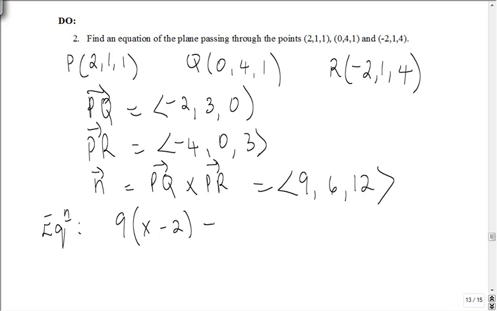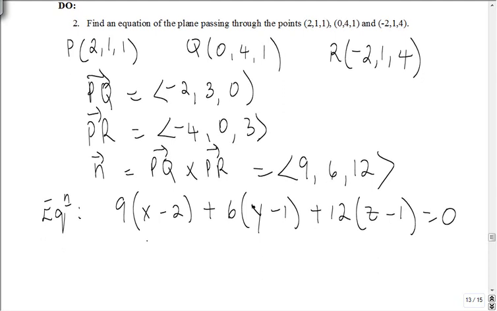And when you simplified all of that, what did you get? 9x plus 6y equals what? 36. Good.